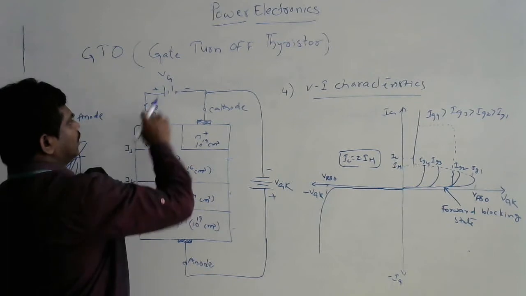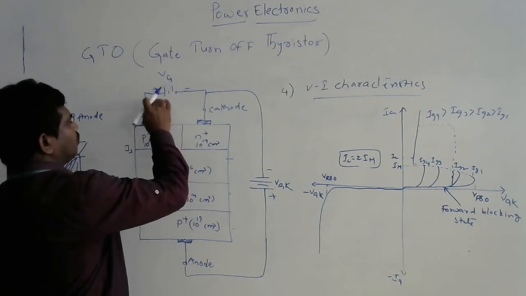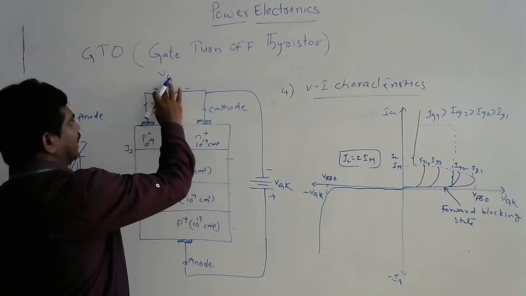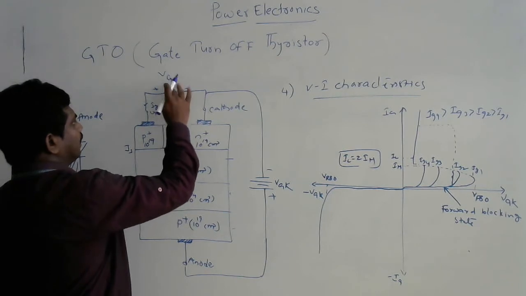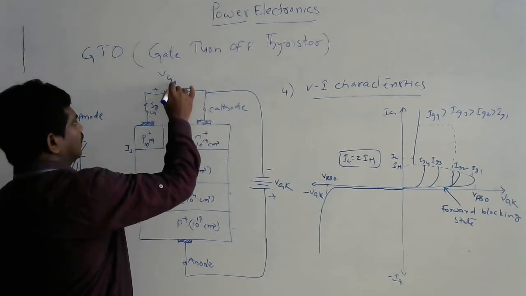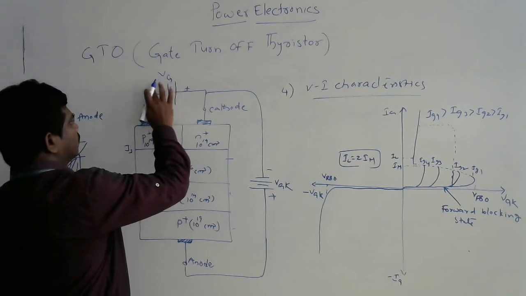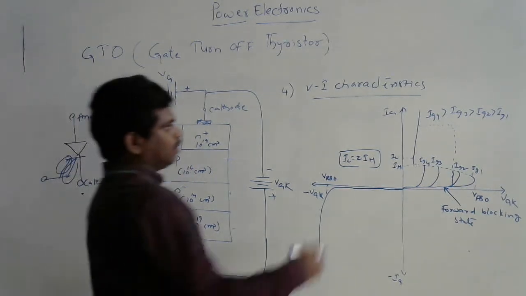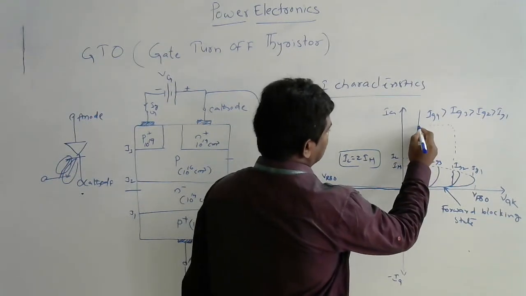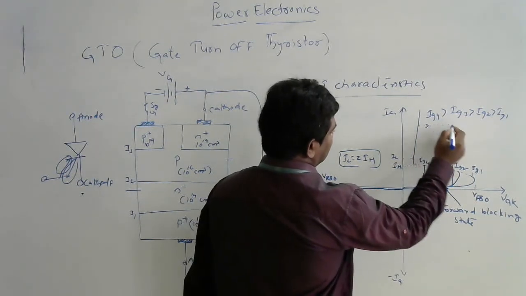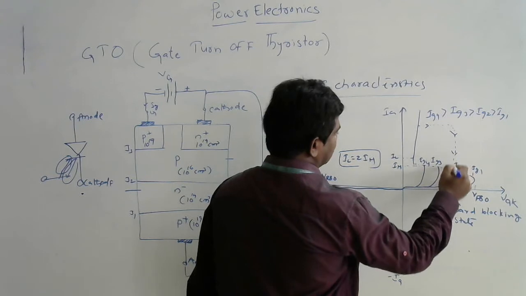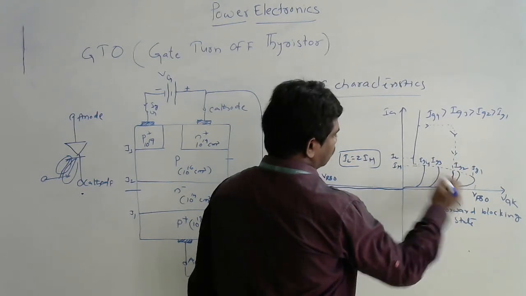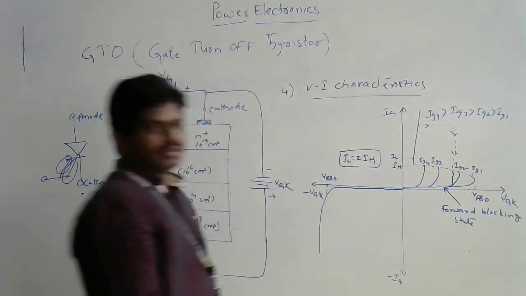Instead of connecting the positive of the battery to the gate, now I am connecting the negative. Like this, this is plus, this is minus. If I apply it like this, automatically the characteristics shift like this, and it will bring the device back to the forward blocking state very easily.